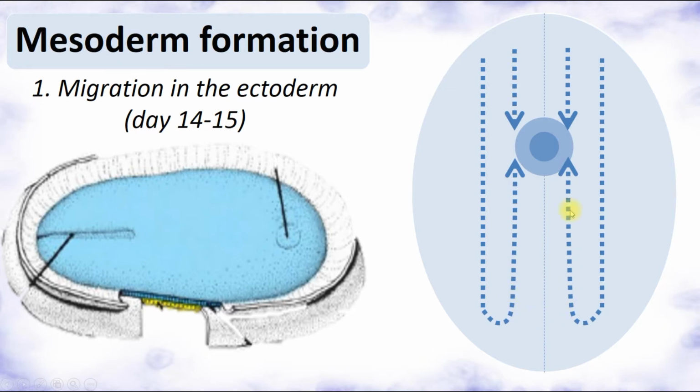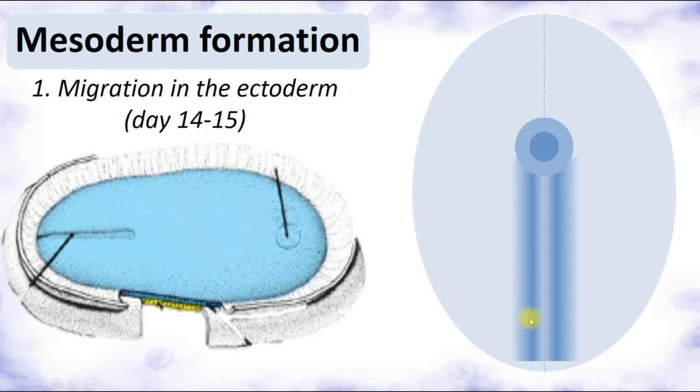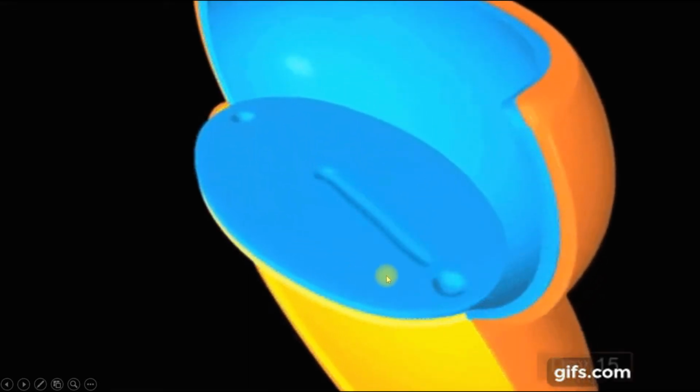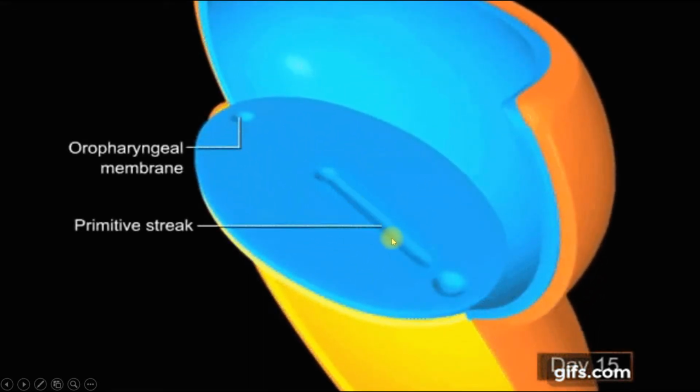They form dense spots, a dense region near the midline, which is called the primary or primitive streak. So primary or primitive nodule and primary or primitive streak. Here we can see those structures which are a result of migration, nodule and streak. And here we can see ectoderm, and in the ectoderm we can see formation of the primitive streak.